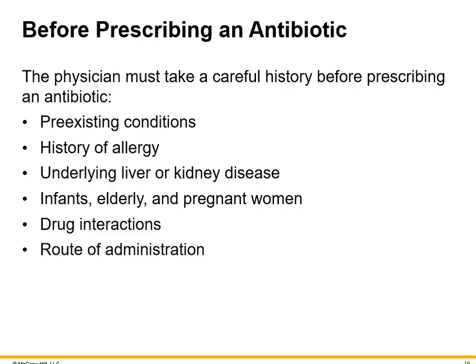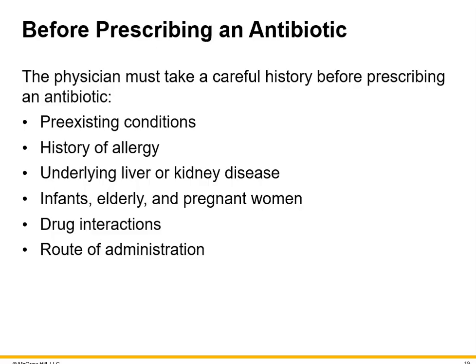We need to look at any allergies. How well do their kidneys and their liver function, since we're giving them antibiotics, and these are drugs that your body's going to recognize as a drug and want to eliminate from the body? So how well are they functioning? We don't want to give them anything that would cause even more damage to their kidneys or their liver.